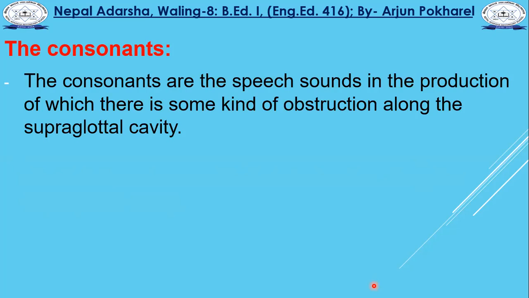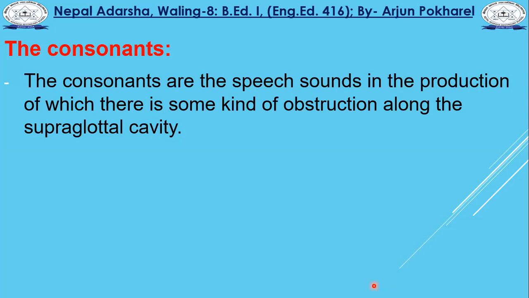Now, the speech sounds. The consonants are the speech sounds in the production of which there is some kind of obstruction along the supraglottal cavity, along the oral cavity. These are known as consonant sounds. That is, the active articulator is raised towards a passive articulator, and they come in contact.